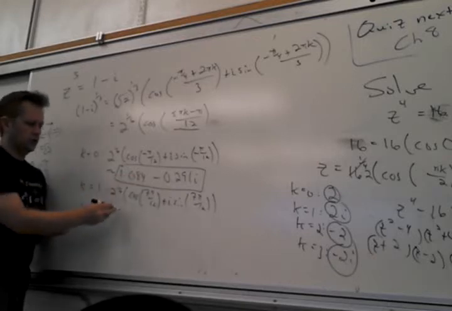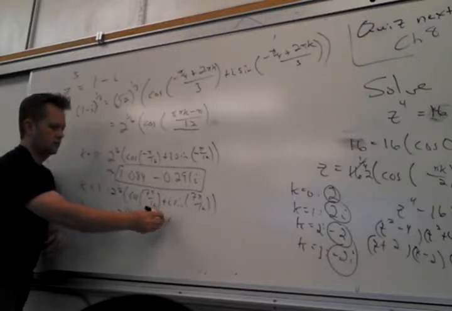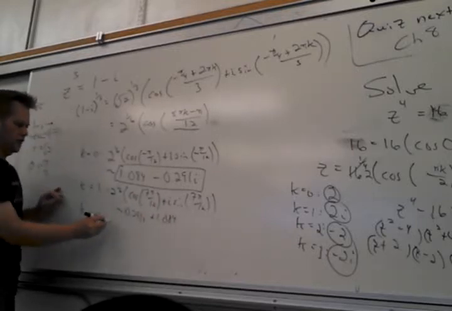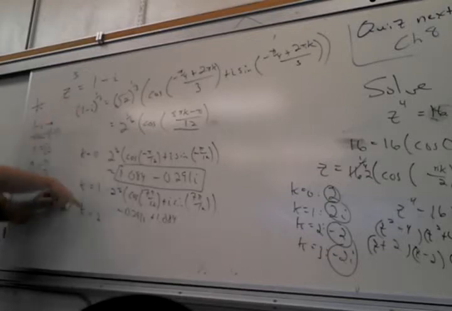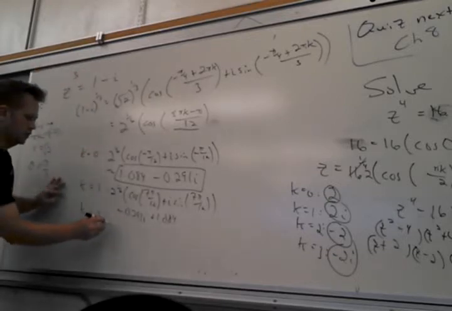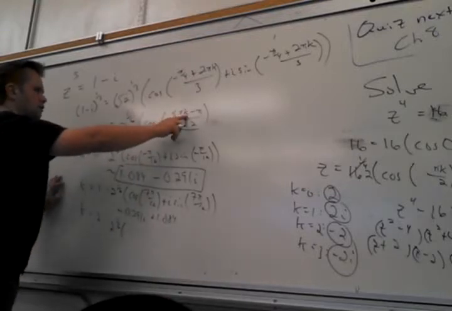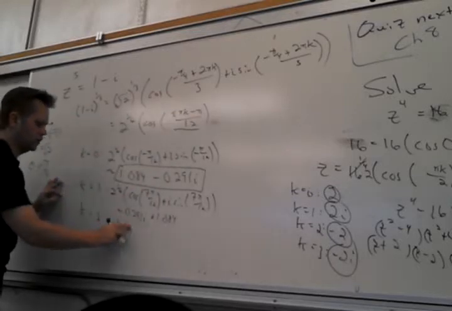It's got sort of the same reference angle in a way. So it just becomes what now? Negative 0.291i plus... And then the final one here. I know I don't have to go up to 2 because n is 3: 0, 1, 2. So then I'll get 2 to the 1/6. If k is 3, I'll get 24 pi, 23 pi over 12.